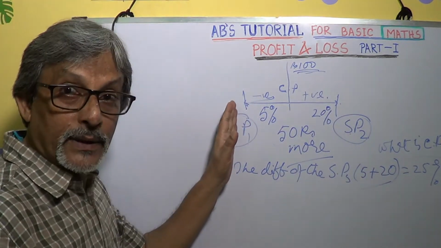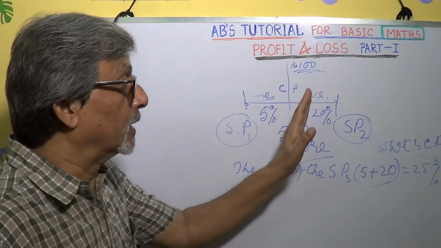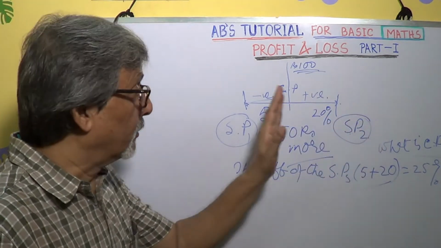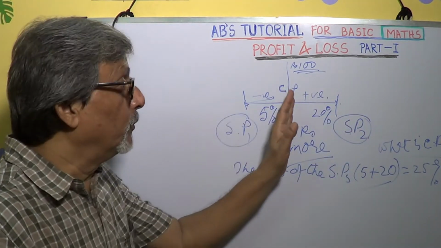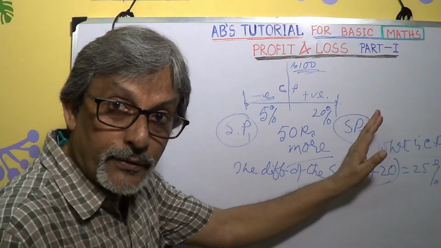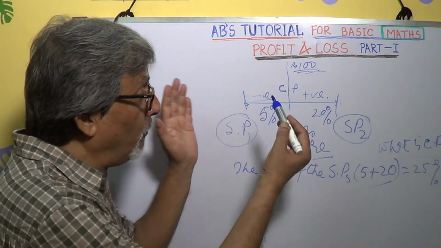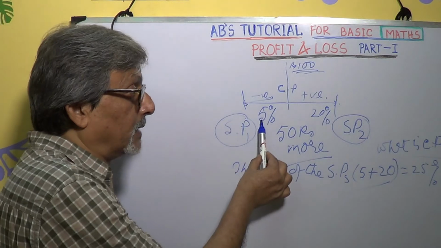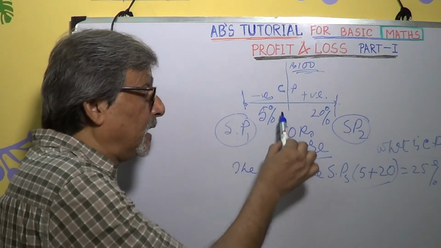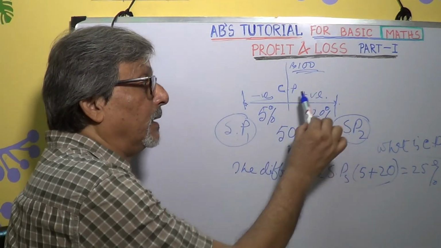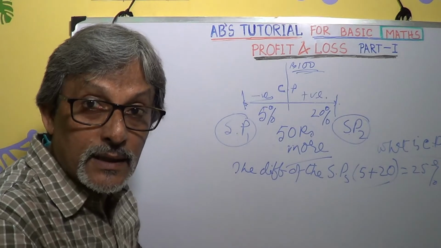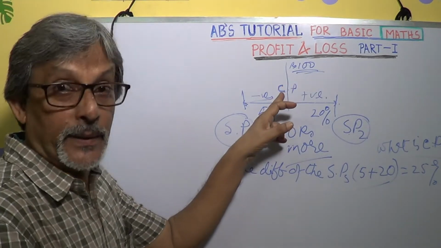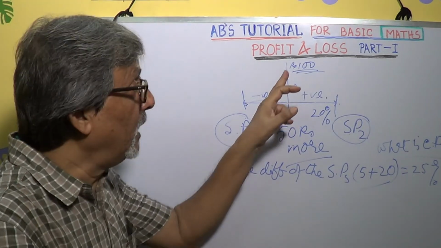From this negative 5%, we are moving towards positive 20%. So, in the form of a percentage, the difference is 5% and 20%. And this percentage has been calculated on what? On CP. Okay?